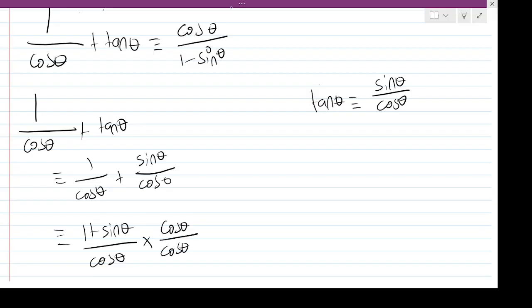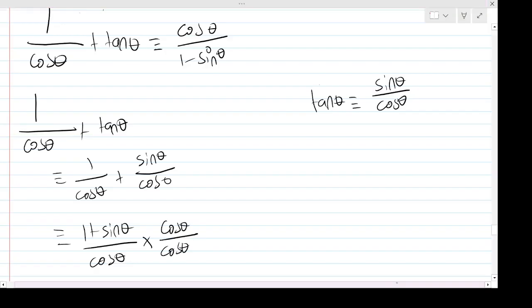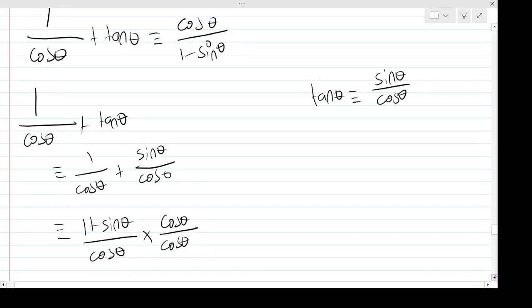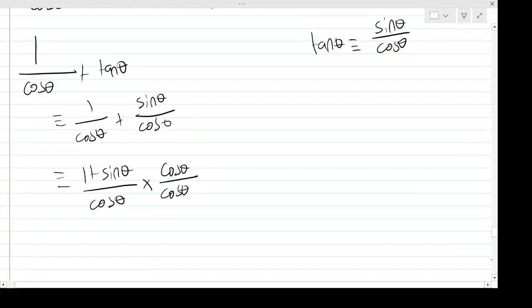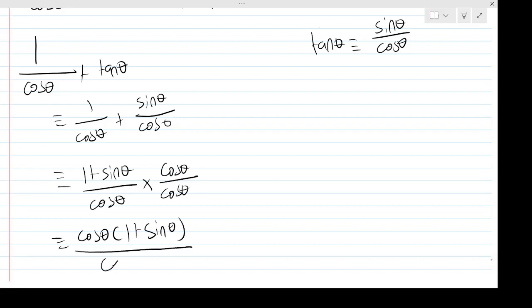I can times both top and bottom of a fraction by the same number. And then I immediately get a cos theta on the top of the fraction, so I can kind of force the answer in that way. So if I do that then I get cos theta, lots of 1 plus sine theta, all over cos squared theta.